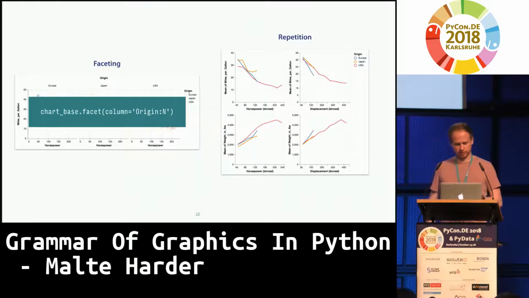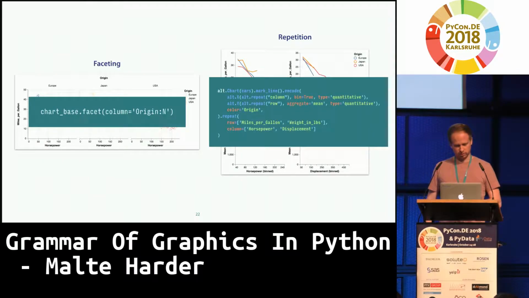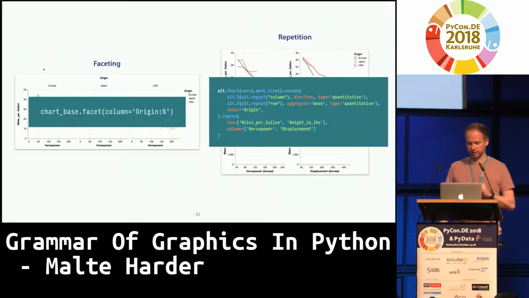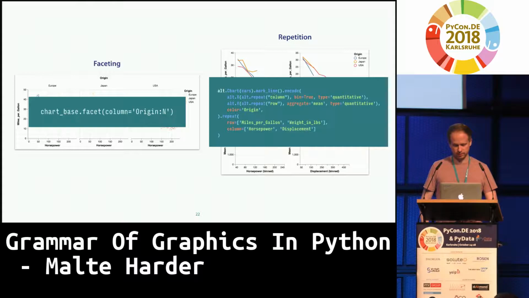Repetition works by repeating the plot but using different columns per plot. This is a bit more complicated because you have to specify in your encoding what the x and what the y-axis are. Actually, you have to say here that you want to map it to the values that you use in the row and column, but still it's quite a compact way to create these plots.